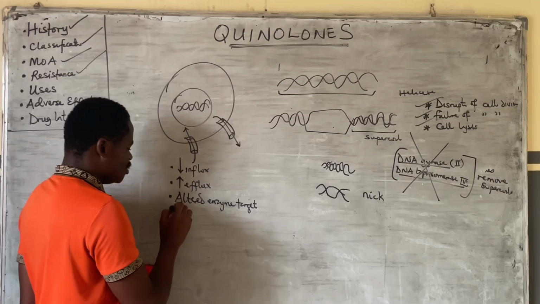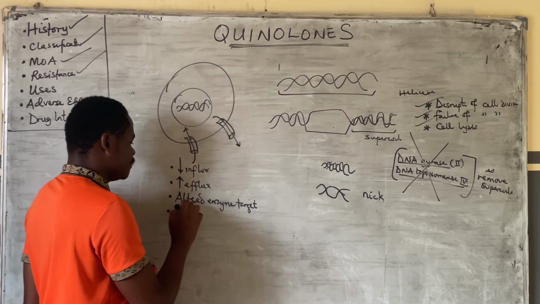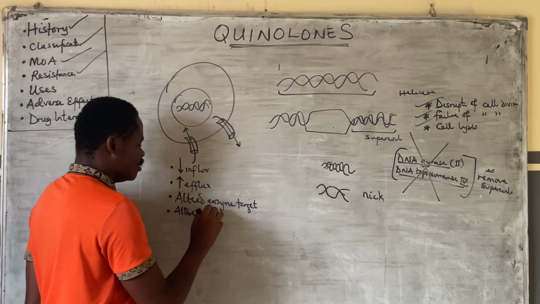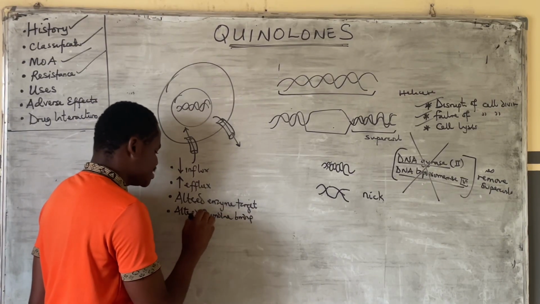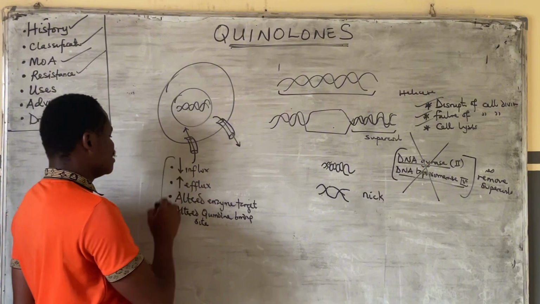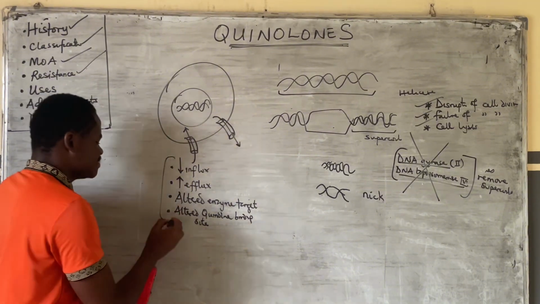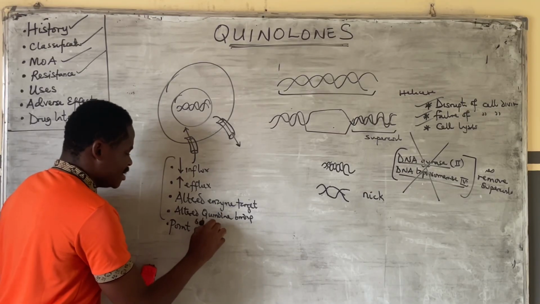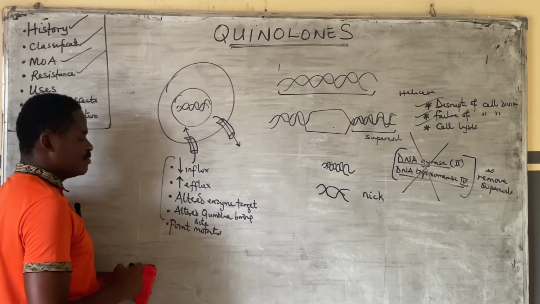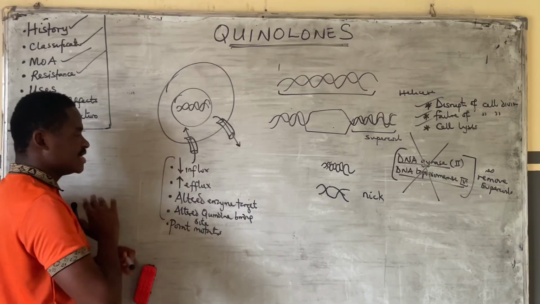And then lastly, we can also have altered quinolone binding sites. So the sites where quinolone would have bound, we are also going to alter. And even sometimes some point mutations, probably in the enzyme, or point mutations in the quinolone binding site and all of that.